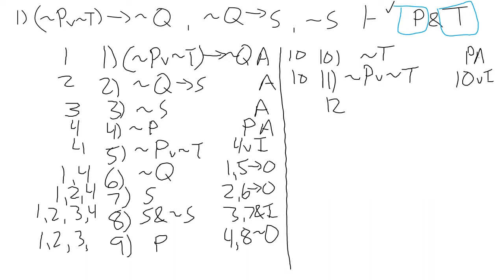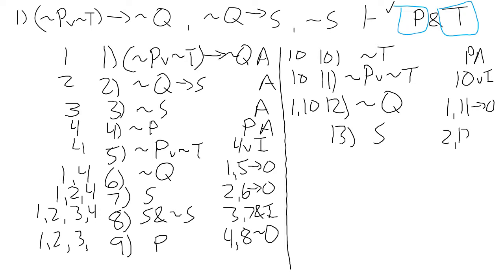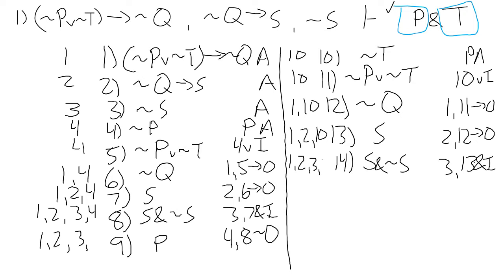Then we're going to get the tilde Q out from 1 and 11, arrow out. 1 and 11's 1 and 10, and we can toss that into the conditional 2, and that's going to be 1, 2, and 10.